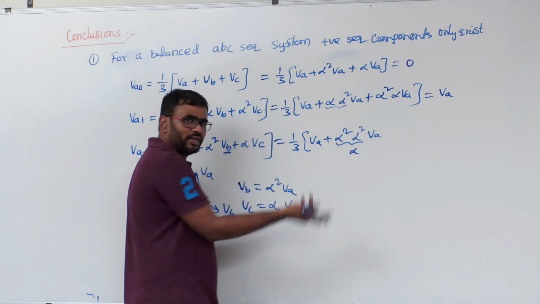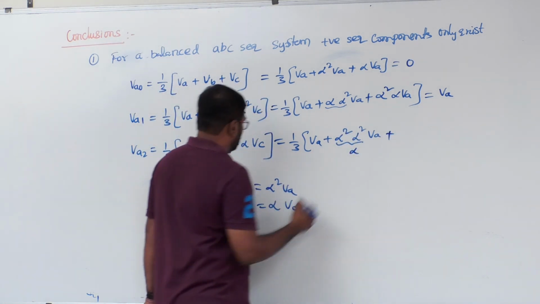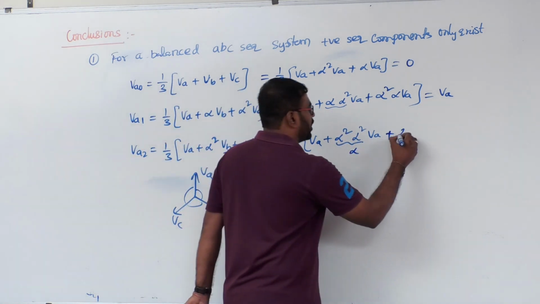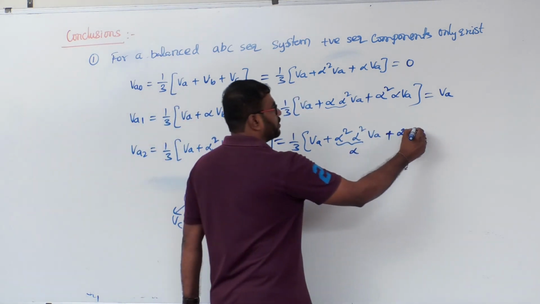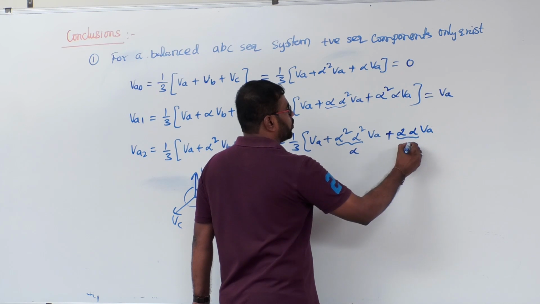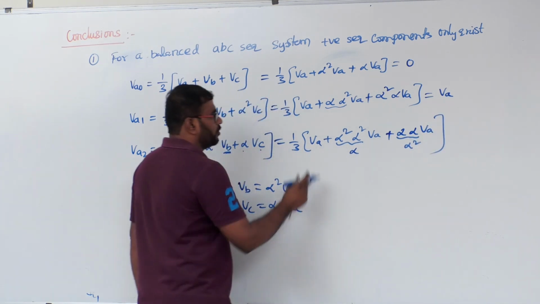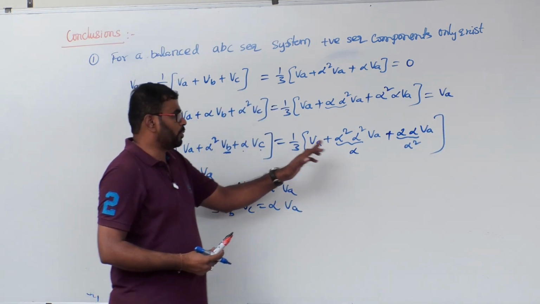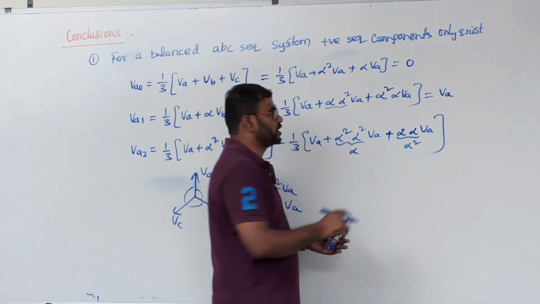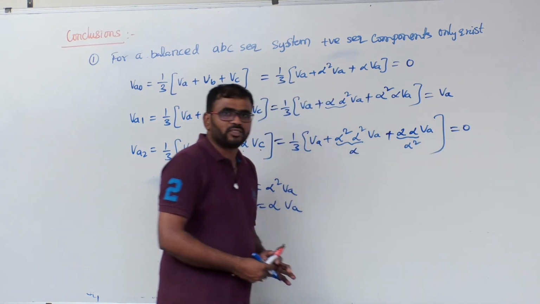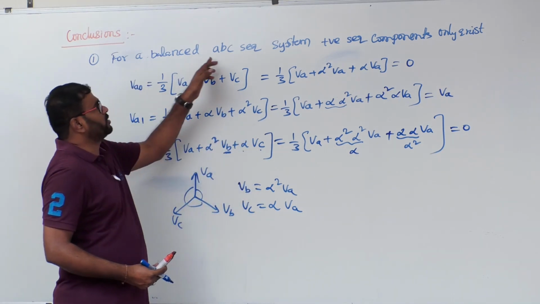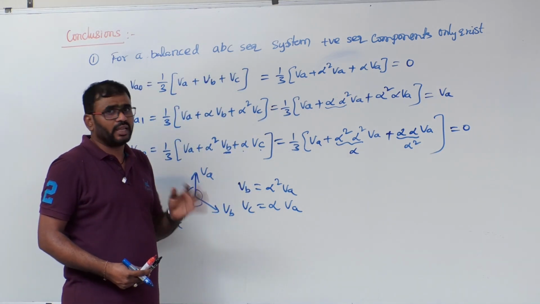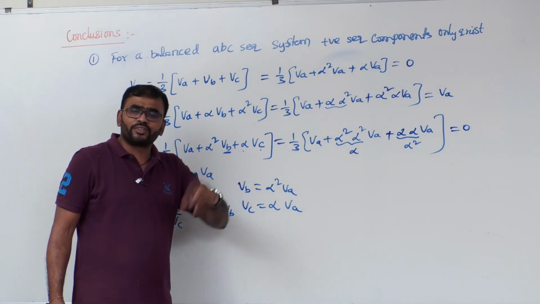Then plus alpha times VC, and VC is alpha times VA, so alpha into alpha, alpha square. Now tell me, if you take VA common, I get 1 plus alpha plus alpha square, which is equal to 0. That means for a balanced ABC sequence system, the negative sequence component is zero. Again I am saying, I don't need to mention ABC sequence.